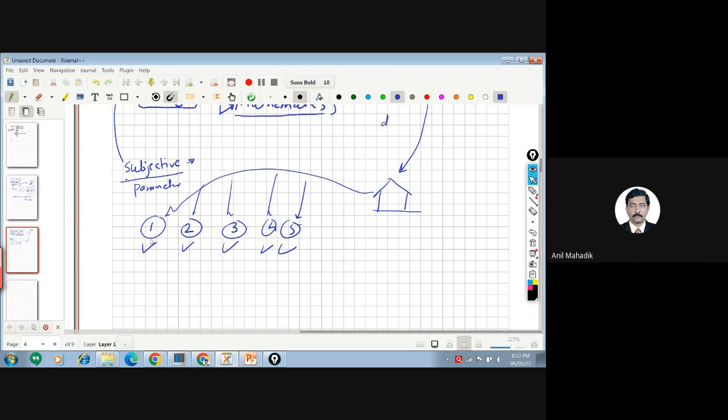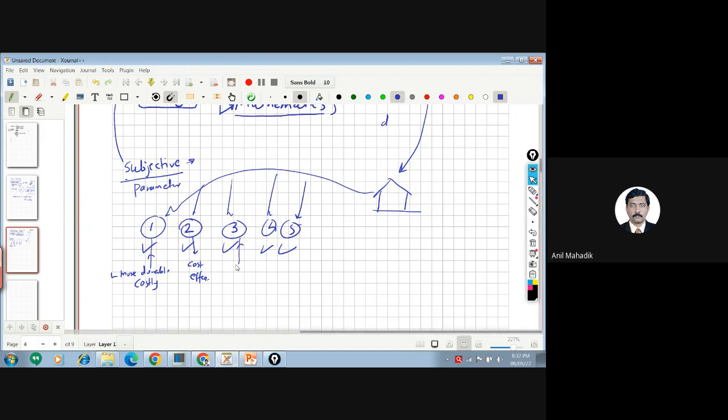It may happen that this engineer is giving a little costly design, but more durable, let's say. He's giving a costly design, but durability will be very high due to some ideas in his structural design. This person may give a very cost effective, very cheap design, but there is a possibility that the durability of the building may be very low. He has not considered the constructional part. So this may be the possibility. From the safety point of view, everybody is right.